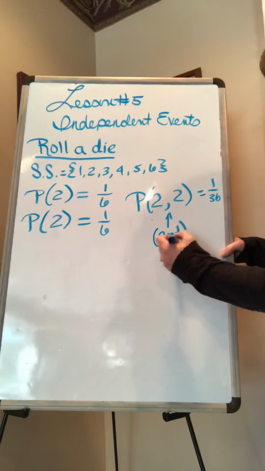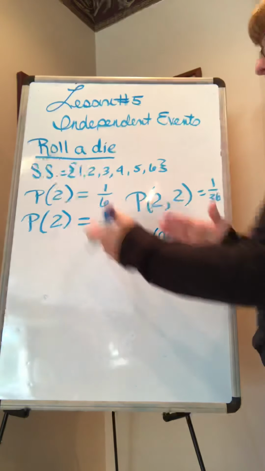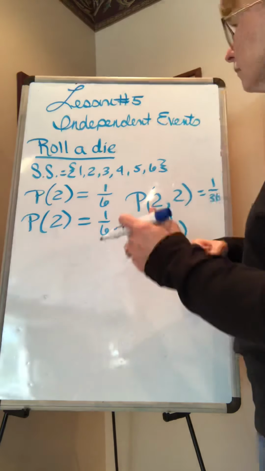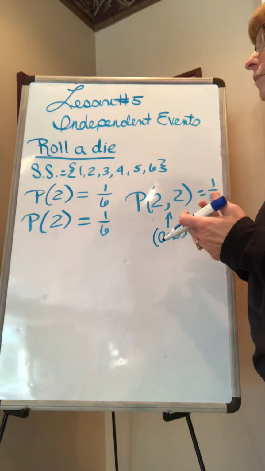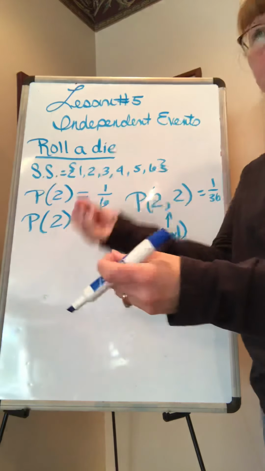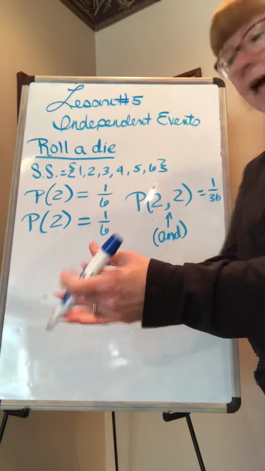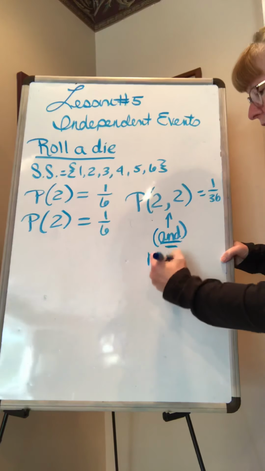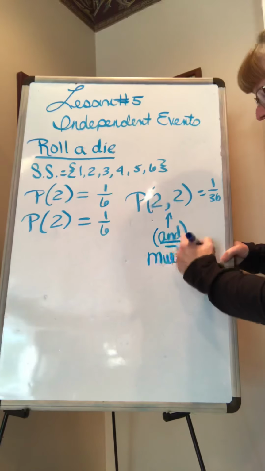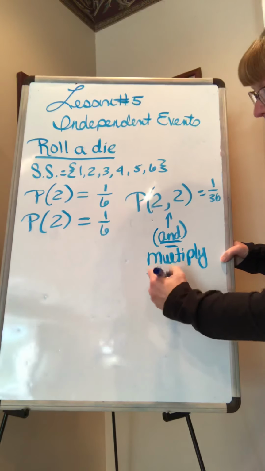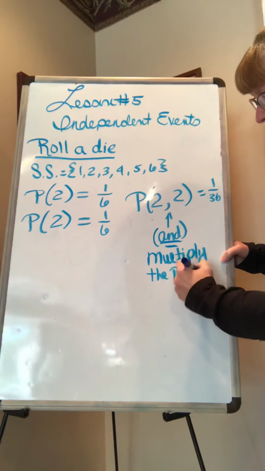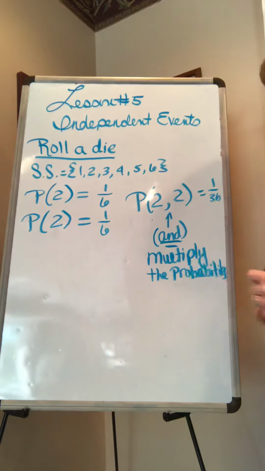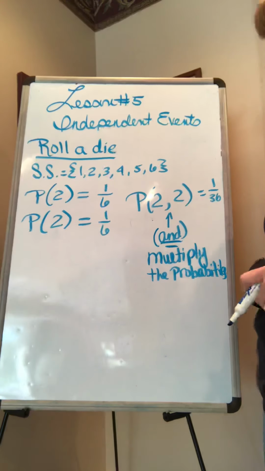So when you're dealing with an and on this type of problem, not the two-way table, where you could see the overlap right away, but here, if you are doing each probability separately and you have an and, a comma means and, this means multiply. Okay, so you have to multiply your probabilities together.